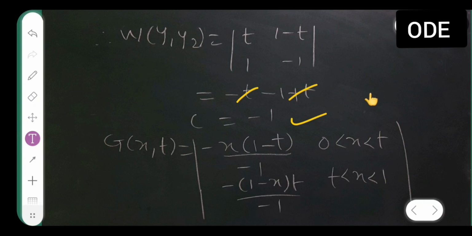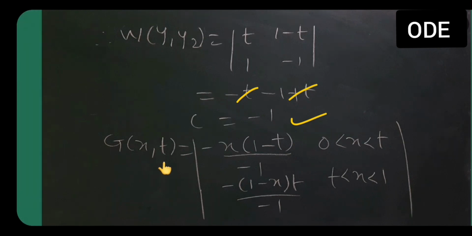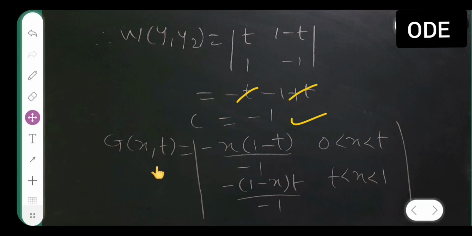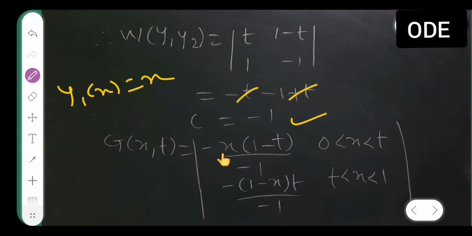Now what I'll do is take the final Green's function, which is given by what? The final thing. G of x comma t is equal to, what is this? y1 of x. Now what is my y1 of x? See, my y1 of x is nothing but x.